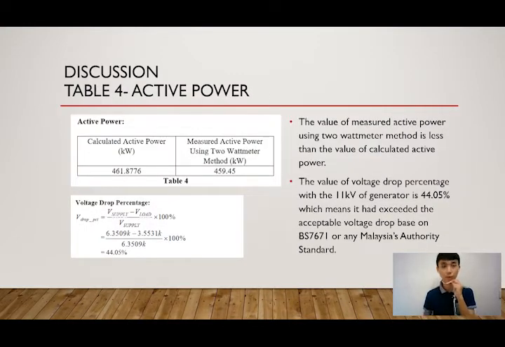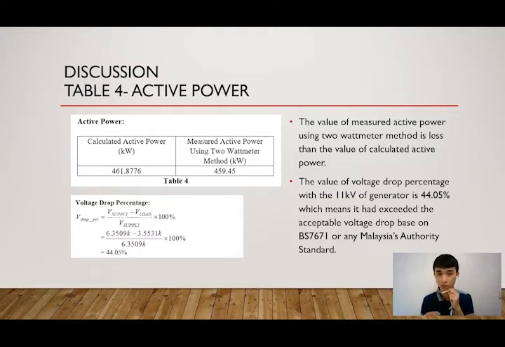And the last discussion will be table 4, active power. My calculated active power is 461.8776 kW, but my measured active power using the 2 watt meter method is 459.45 kW.